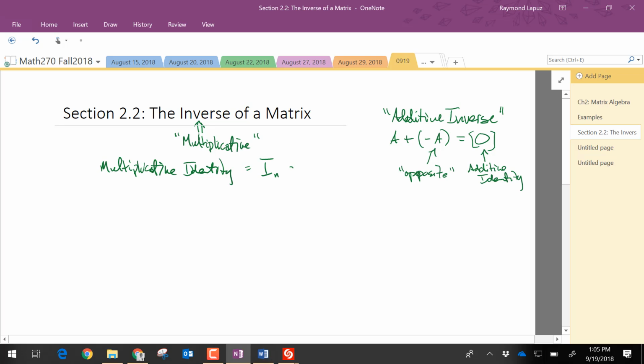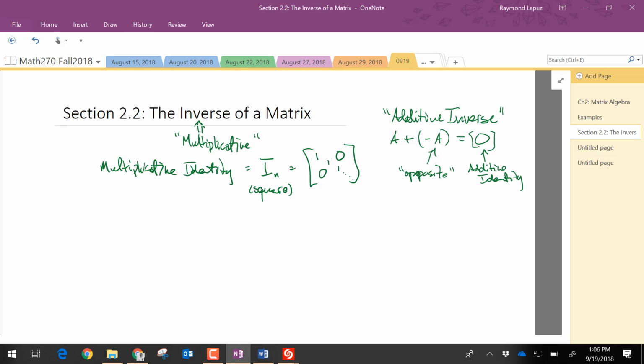It's a square matrix, same number of rows as columns. And this is a matrix that has ones in its diagonal and zeros everywhere else, depending on how big it is. So if it's a 2 by 2, then you just have 1, 0, 0, 1 as your identity matrix.